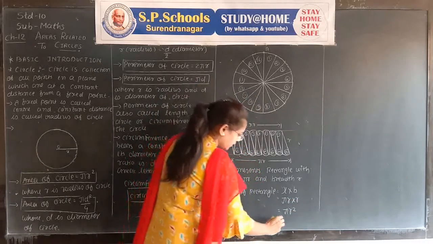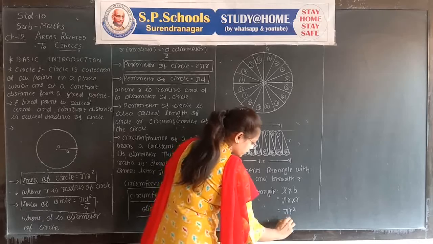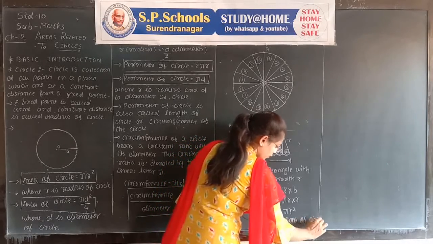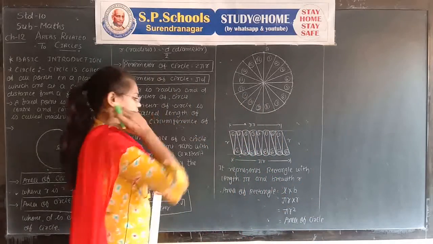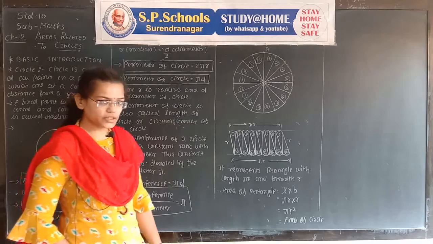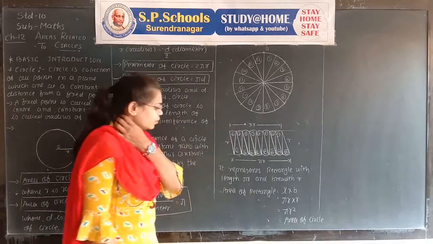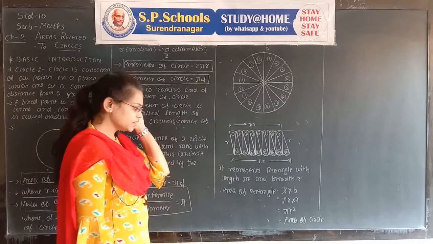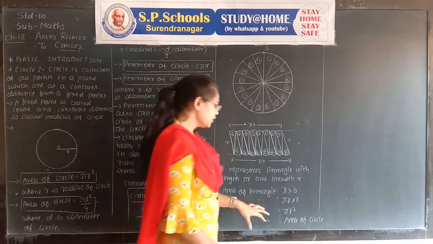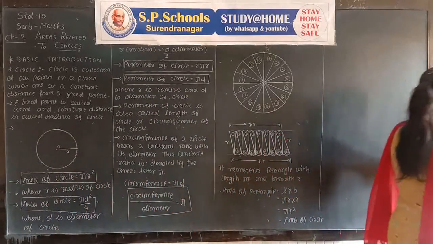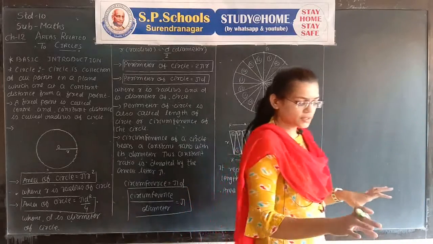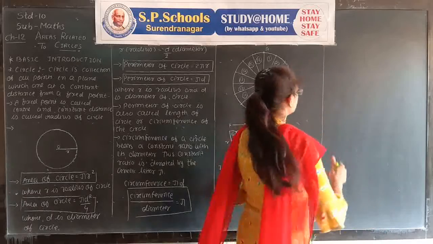But what is pi r square? Pi r square is the area of the circle. Hence this concept is applicable: using the area of a rectangle we obtain the area of a circle. Okay, this activity is given in our textbook.